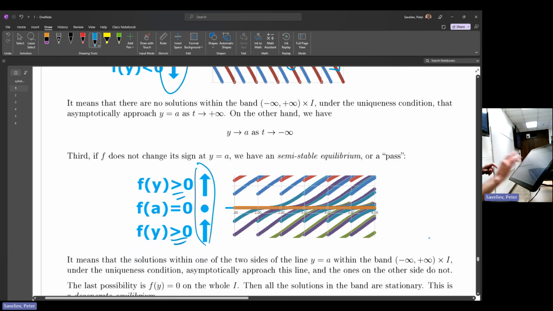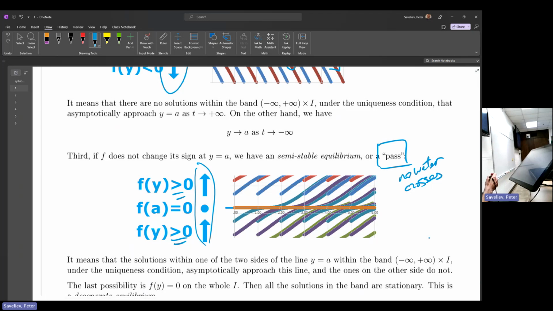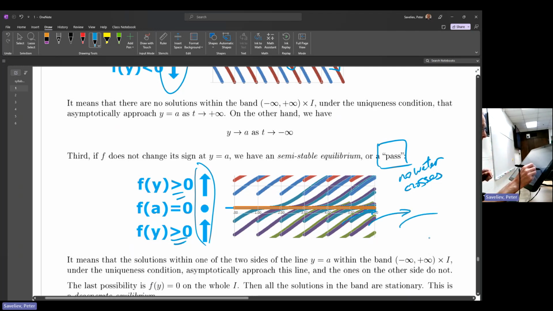So it gives you the appearance of passing through that point, and once again, no water crosses that point, but we know what happens: it's just gradually, asymptotically approaching that particular point. That's what the picture is supposed to show, the asymptotic behavior right here. So, very simple analysis, subtle things are thrown out.